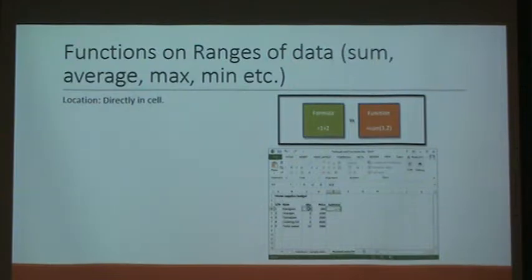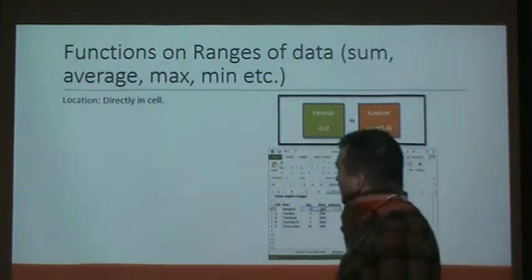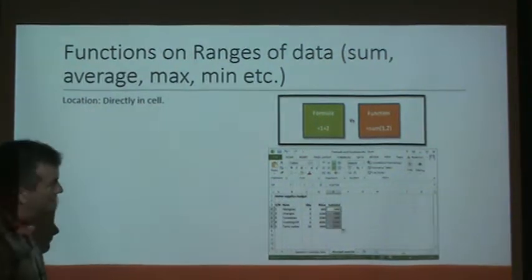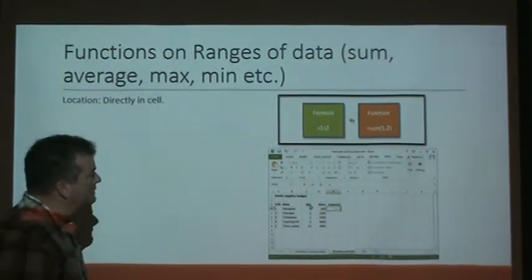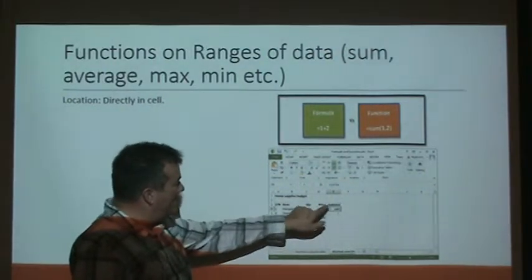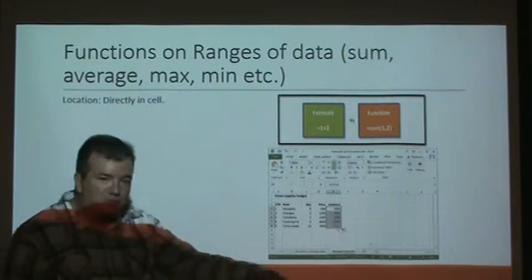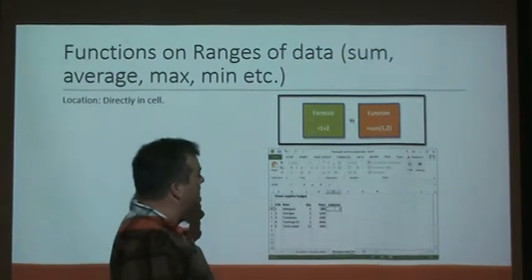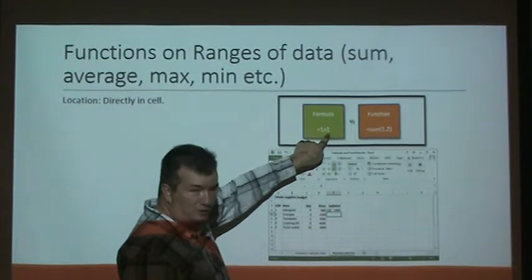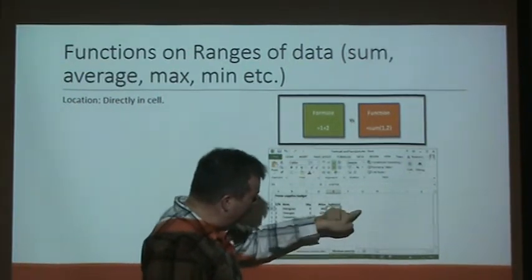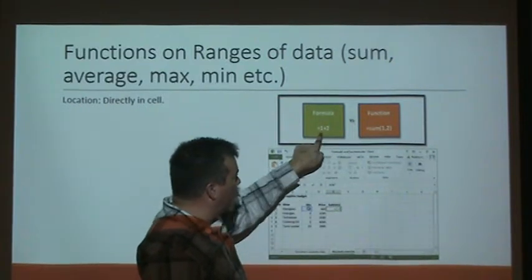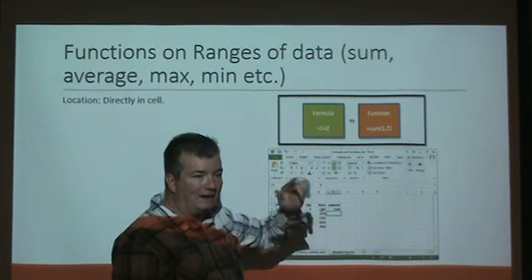Okay. So we can do functions on cells. For example, there's a difference between a function and a formula. If I wanted to take a cell and say, instead of putting the number 3 into it, this cell is equal to 1 plus 2, I could go right into a cell and hit the equal sign and say 1, the plus sign, and a 2, and hit enter.